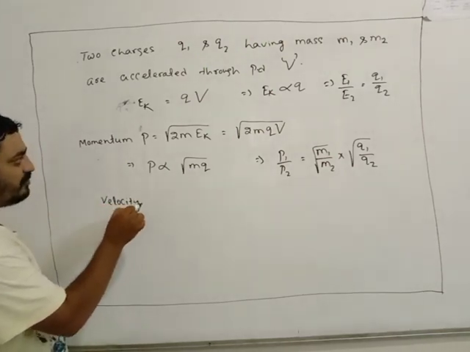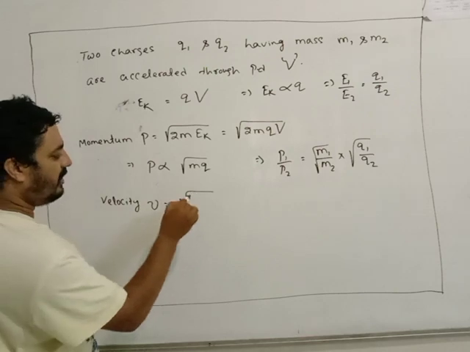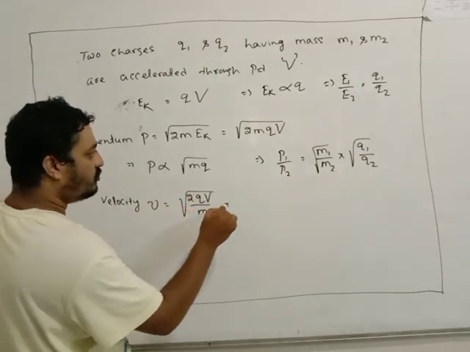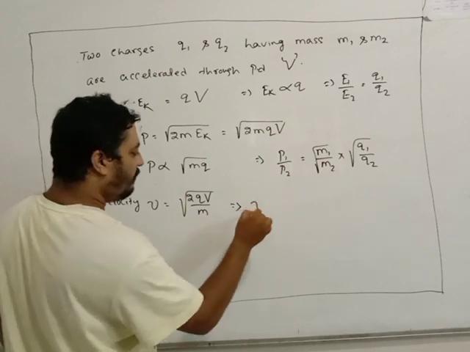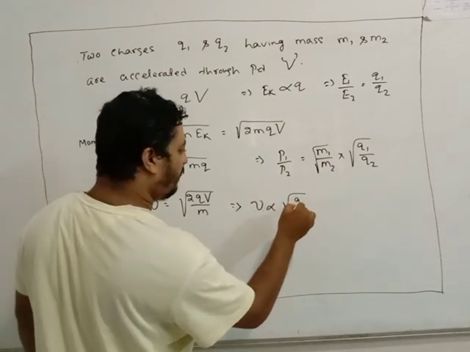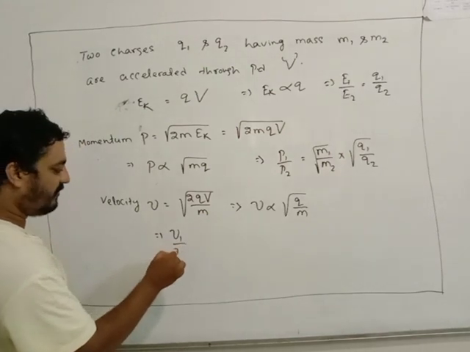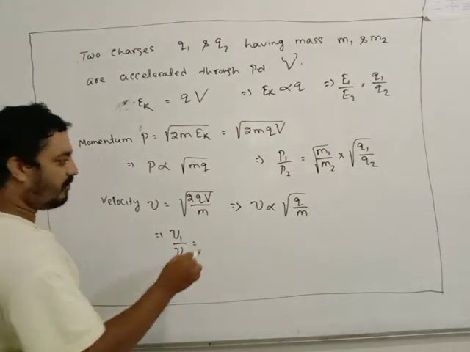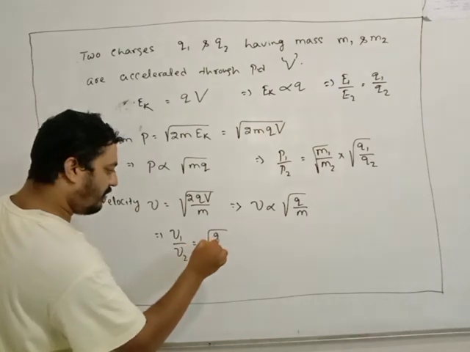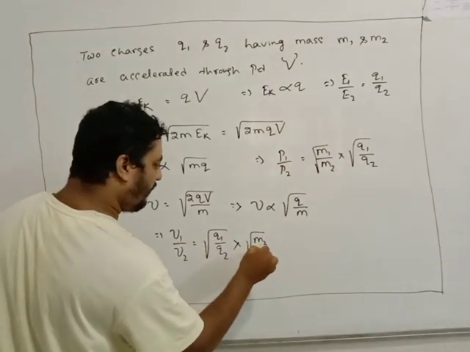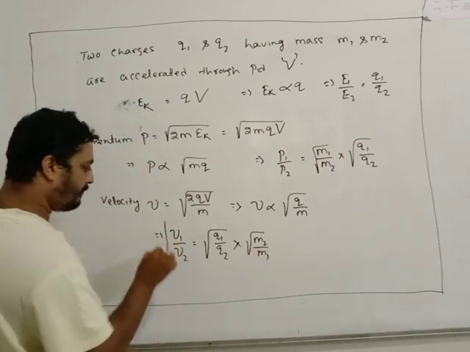Velocity acquired by the body, V equal to root over of 2qV by m. So we can say V is proportional to root over of q by m. So V1 by V2 equal to root over of q1 by q2 into root over of m2 by m1.